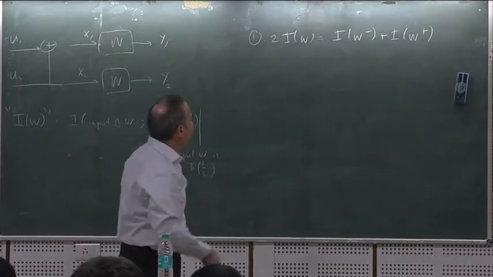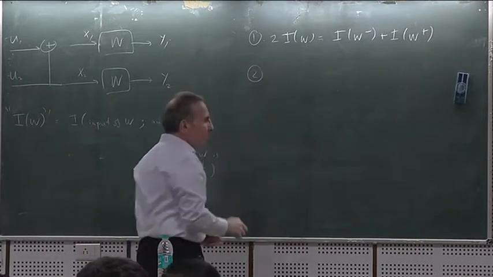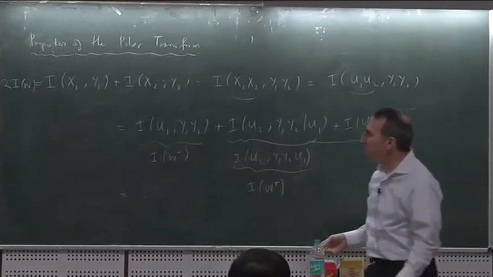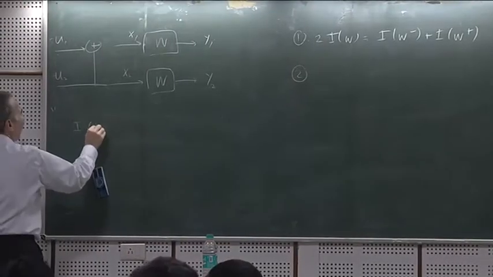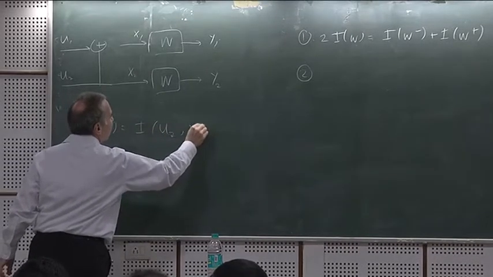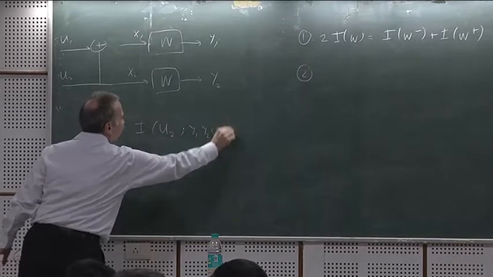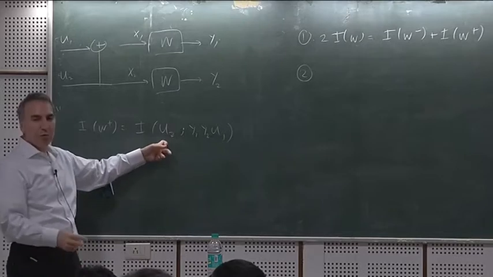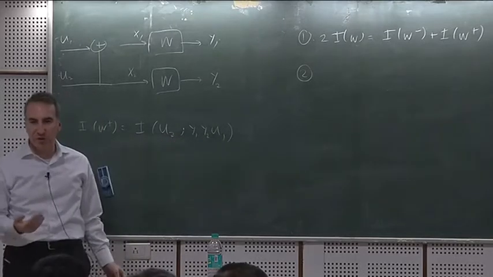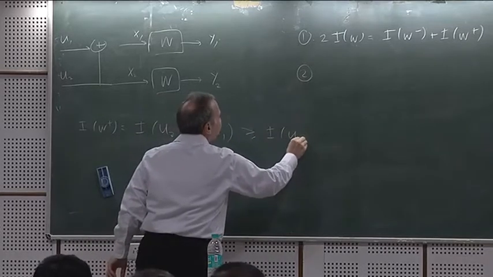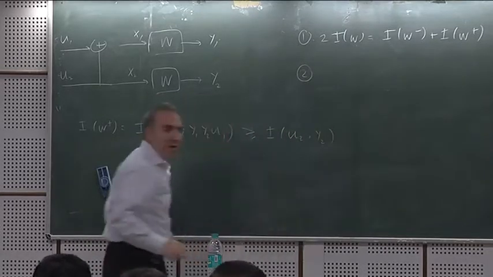Now, secondly, I take a look at the I of W plus here. So this guy here, the mutual information between U2 and all these three things, is clearly bigger than the mutual information between U2 and any one of them.